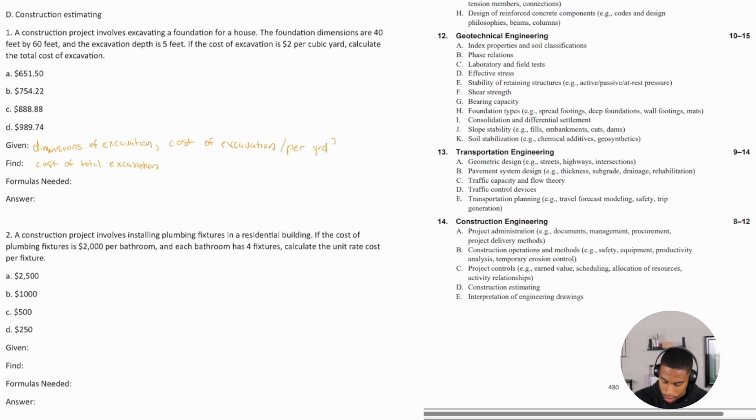If I have dimensions for the foundation and I find my volume, that will give me cubic feet. And then if I can convert that to cubic yards, then I'll have my total cubic yards, and from there I can use the price to get my total cost. So let's walk through that step by step.